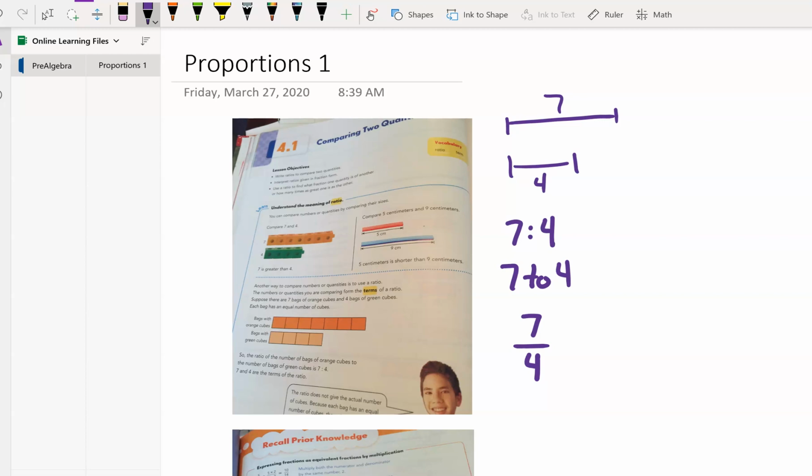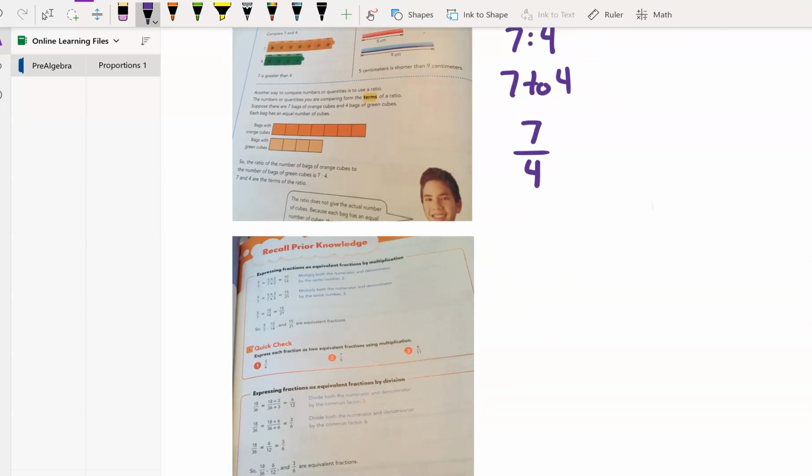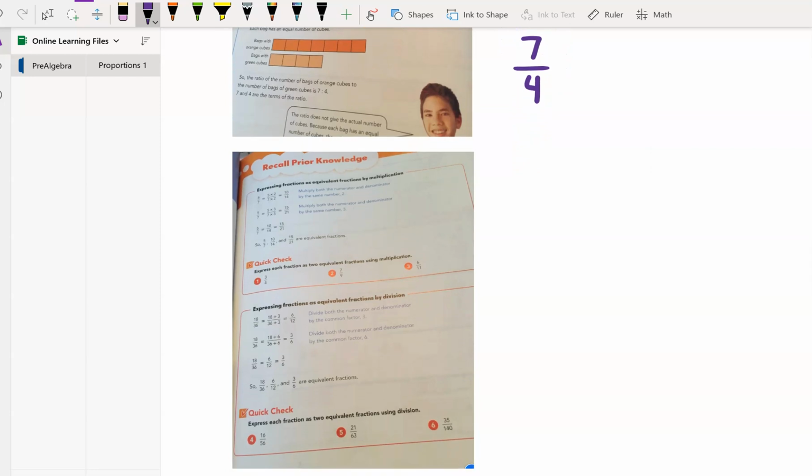And in this second page, as you look through and see what's happening here with multiplication, I'm just going to do one with a picture first. I'm going to take our original 7 and our original 4, and I'm just going to multiply each of those lengths 3 times.